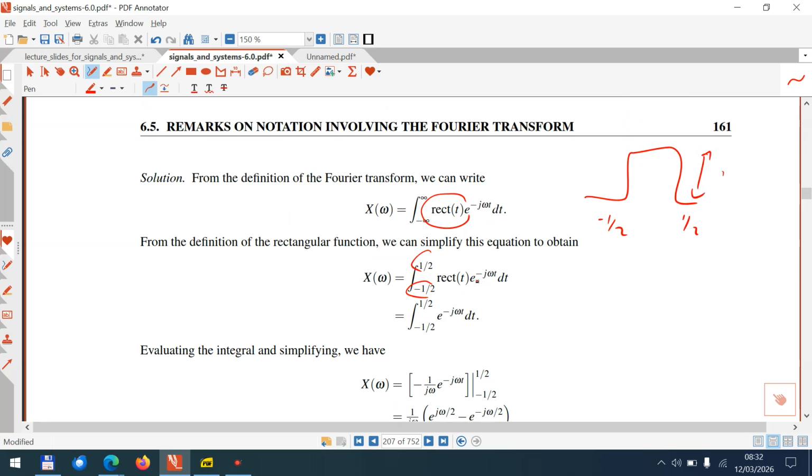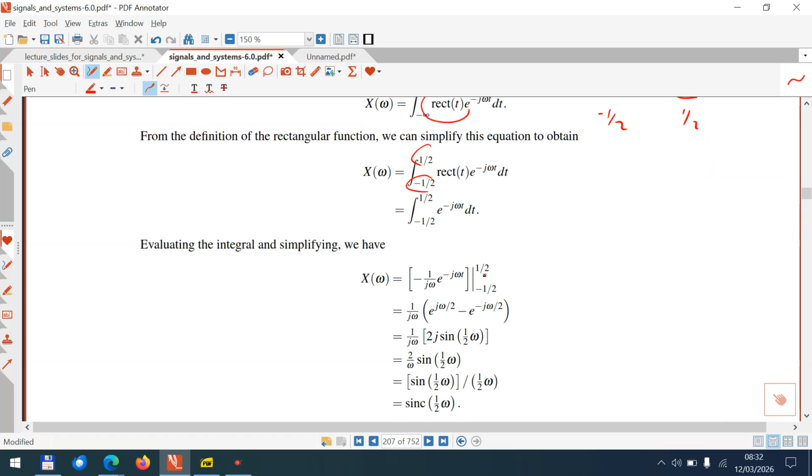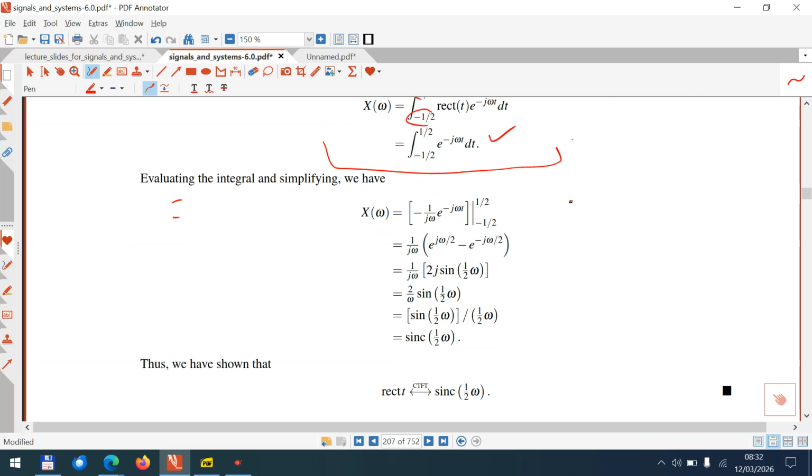So you just have 1 there. And then all you need to do is to apply this integration, right? So I want you to follow this evaluation carefully. This far you can go very easily. You just apply the limits and change the limits to minus half to half.